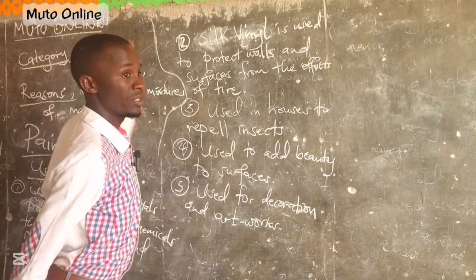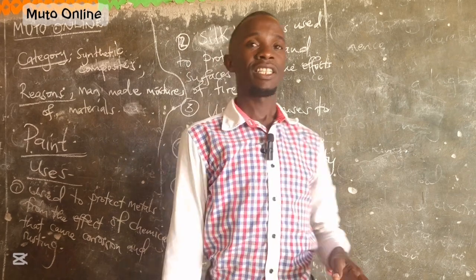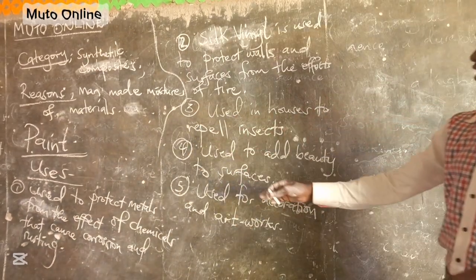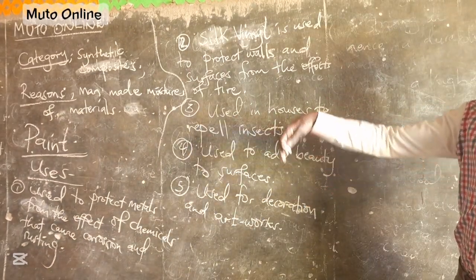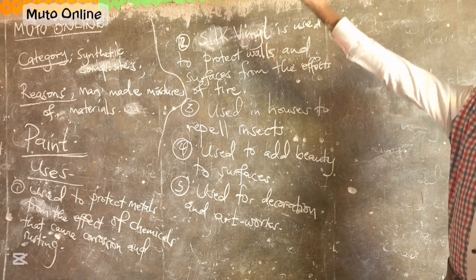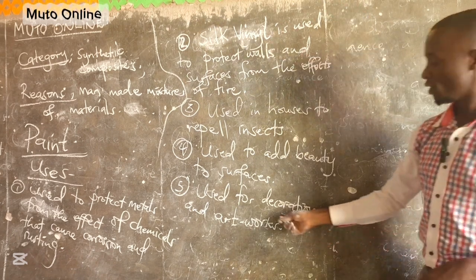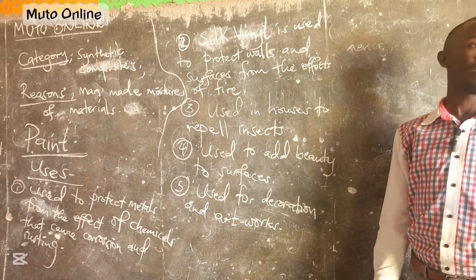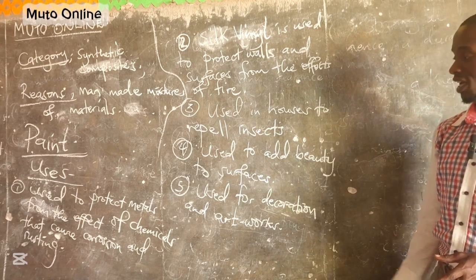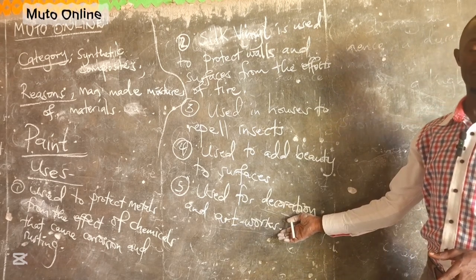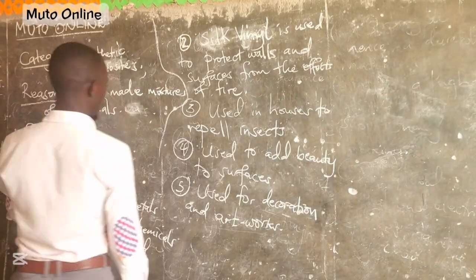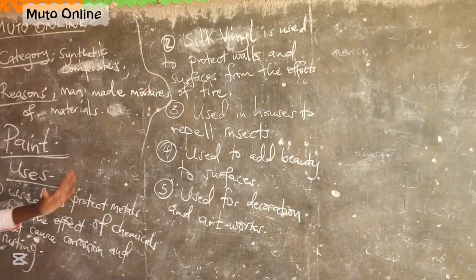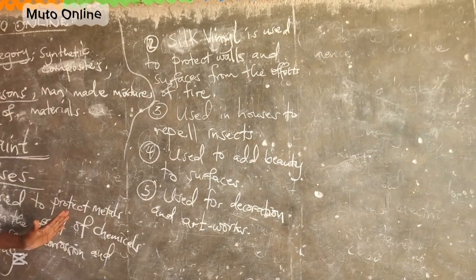We very well know that Da Vinci used paint to make those paintings that are even selling up to now. They are used for decoration and making artwork. The different designs you see on walls are made using paint. So there are very many uses of paint to mention, but a few. These are some of the uses of paint.